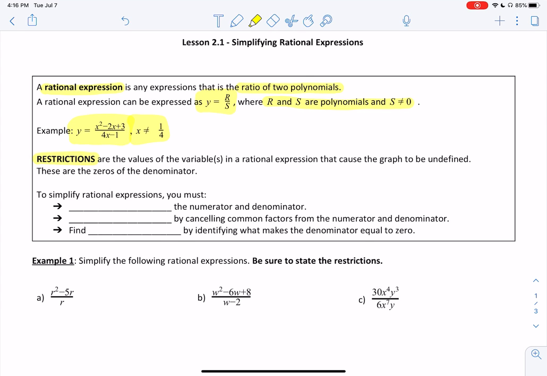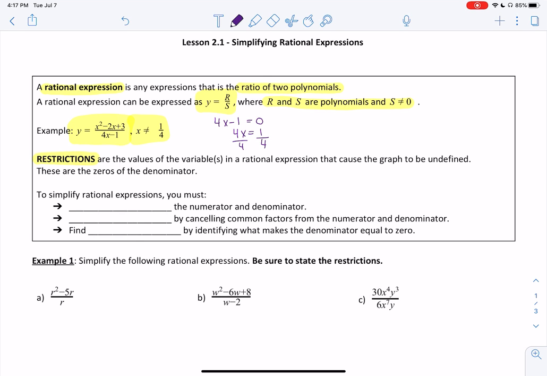So basically, restrictions are the value of the variable that would make the bottom of the fraction equal 0. So in order to find what that number is, you can just set the bottom equal to 0 and solve for x.